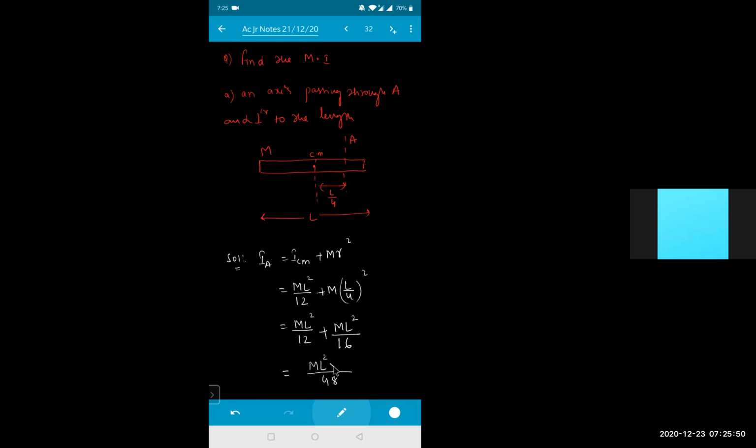So this will be equal to 7 into M L square by 48. Got it?